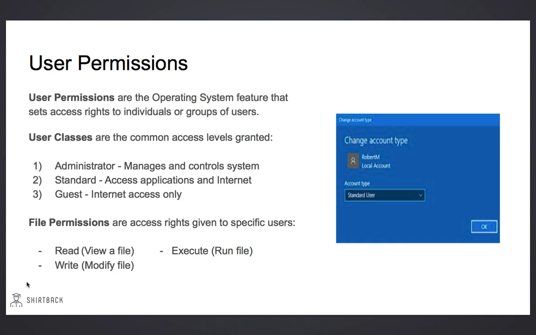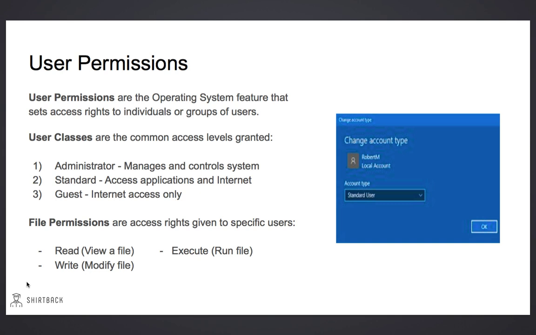There are three common user classes. Administrators are the access level that manages and controls the system. Standard users can access applications and the internet. Guest levels can typically only access the internet and have no access to files.